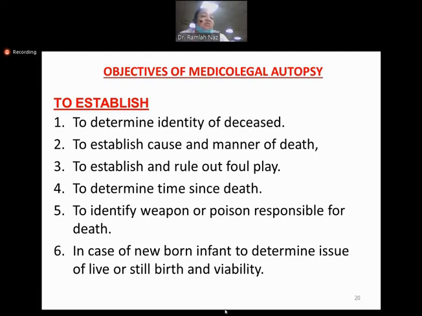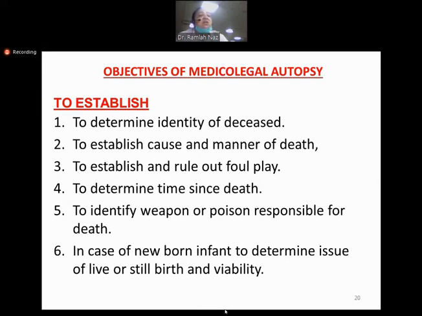We already discussed what we mean by cause of death and manner of death. We will look for the cause, whether it is traumatic or a kind of assault. We have to look for whether the cause is natural or unnatural. If unnatural, then we look for homicide, suicide, or accidental, or establish and rule out foul play.